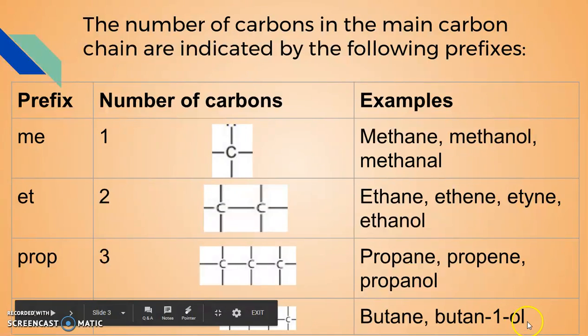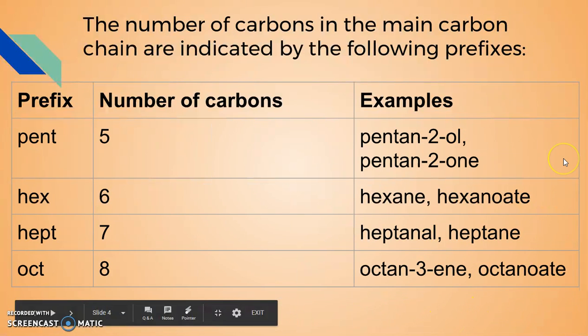Butan-1-ol, starting from the back, tells us that this belongs to the homologous series, the alcohols. The OH, which is the functional group of the alcohols, tells us it's sitting on the first carbon of the chain. The carbon chain consists of 4 carbons, as indicated by this prefix.